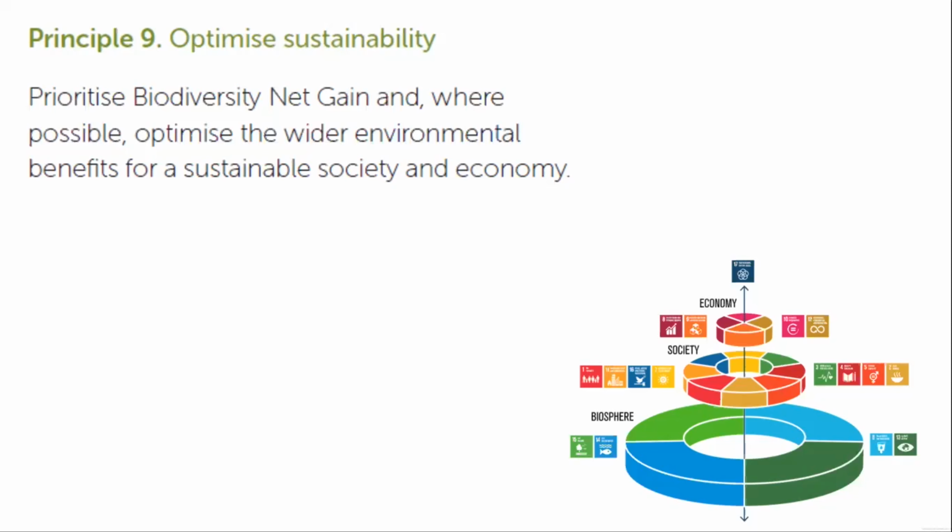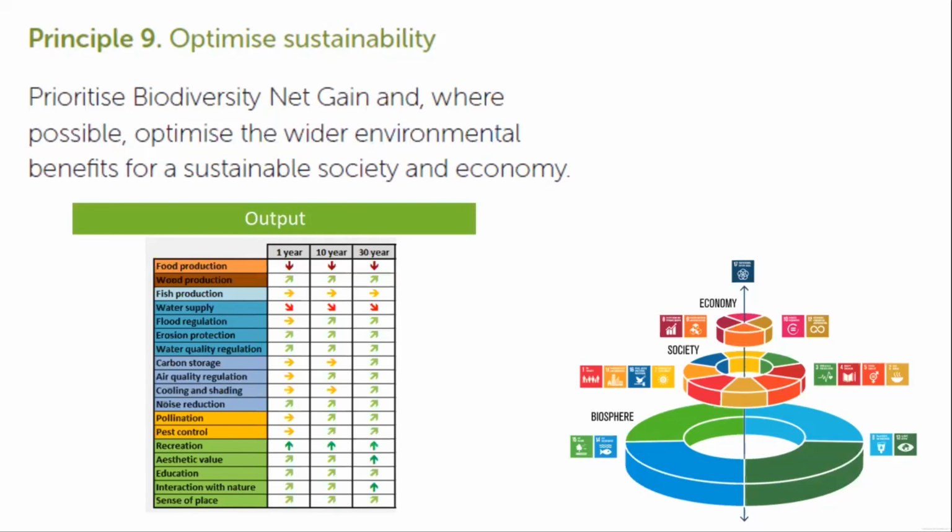There's a whole host of interesting questions underpinning this, such as additionality and other aspects like that. But the principle is to really deliver net gain, but then look at the wider aspects that we can do. There's a really interesting tool being developed by Natural England here, called the ecometric, and it uses the data that you put in our biodiversity metric. This is a screenshot of the results.